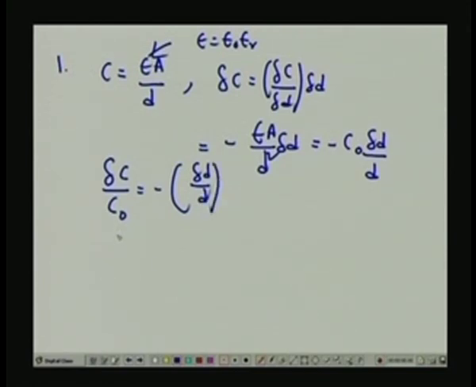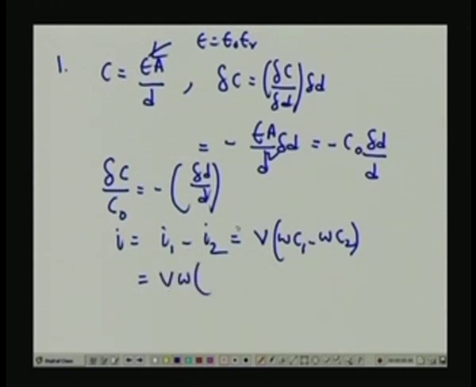Now, current I, you can see here, is I1 minus I2, right. Which we can write equal to V omega C1 minus omega C2, or V omega taken out, C1 minus C2, right.